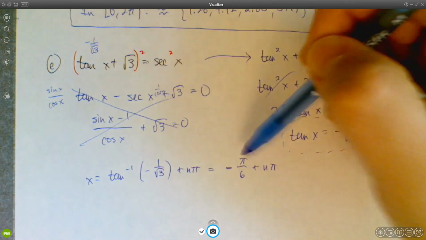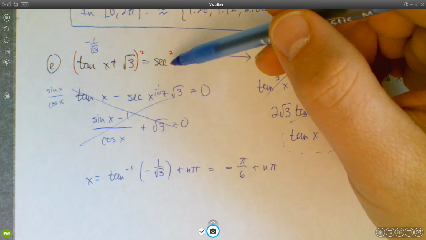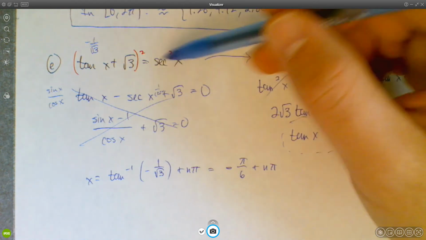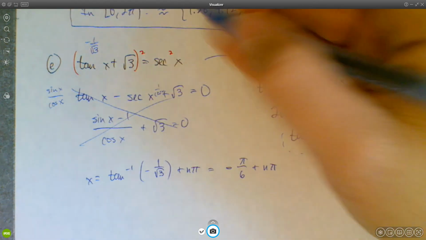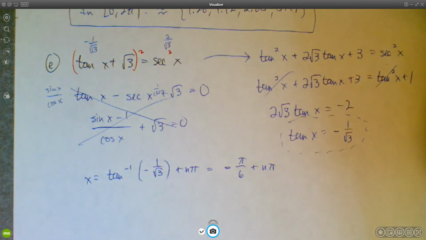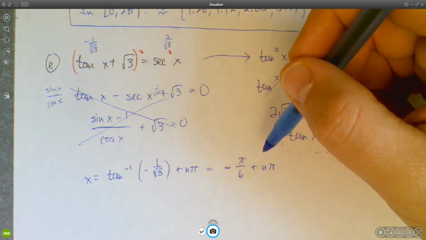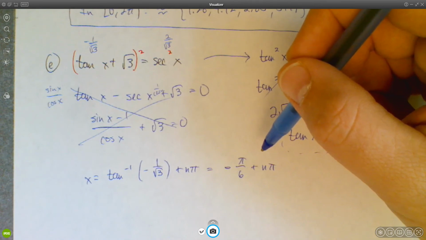Cosine of negative pi over 6 would be root 3 over 2. So this would be 2 over root 3. Oh, is that right? Yeah, that's right.